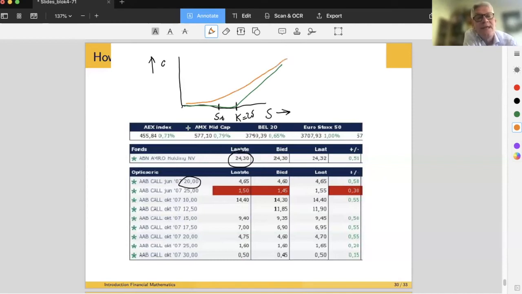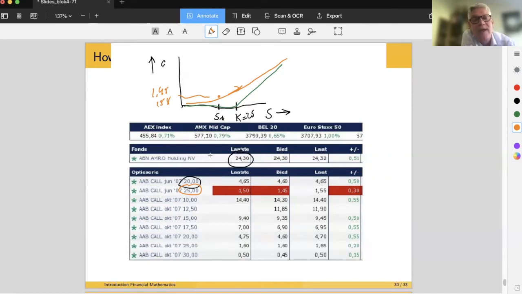With 25, it's not yet in the money. But you see the market says the bid and ask prices of this option are 1.45 and 1.55. So it's not yet in the money, but the market expects that the price would go up. So also here, this is something like 1.45, 1.55, maybe the mid price being 1.50.